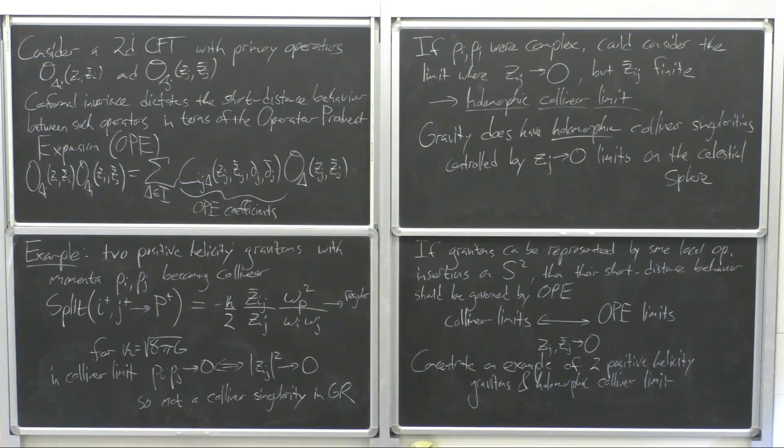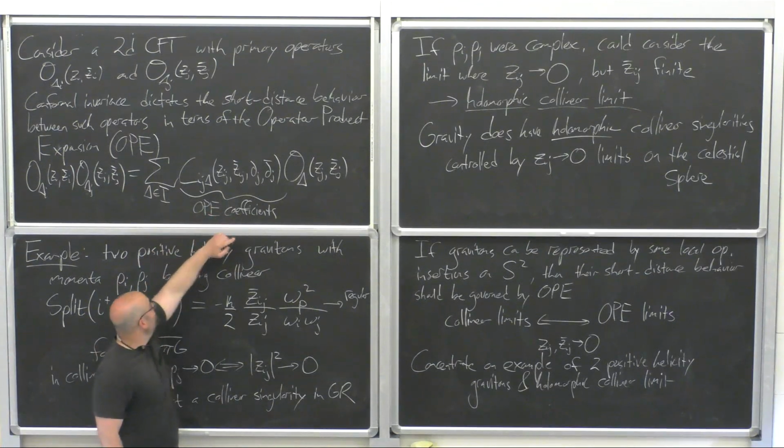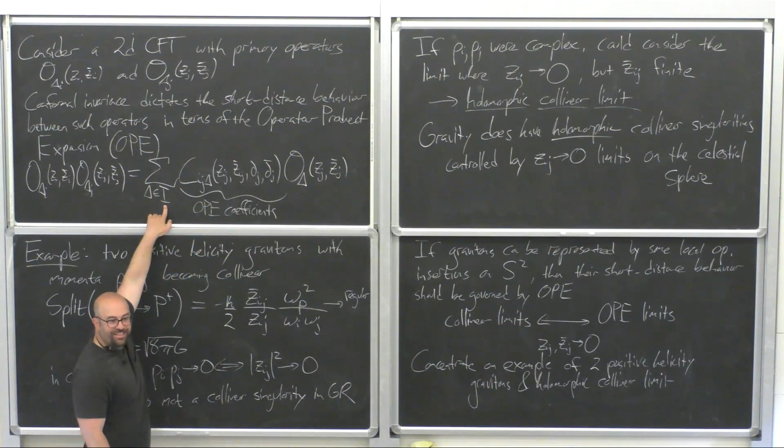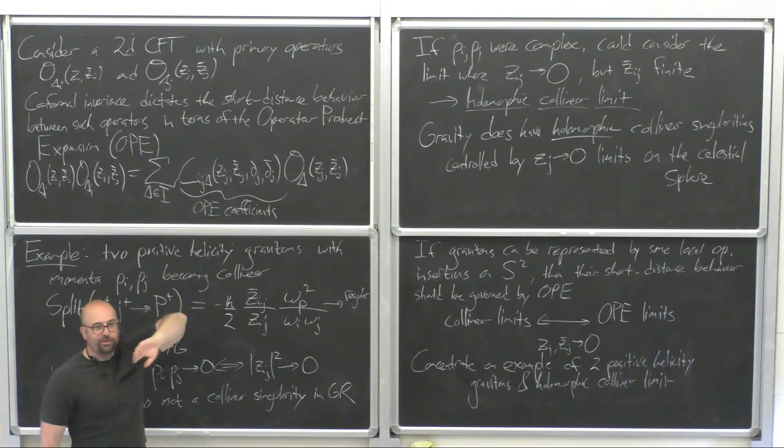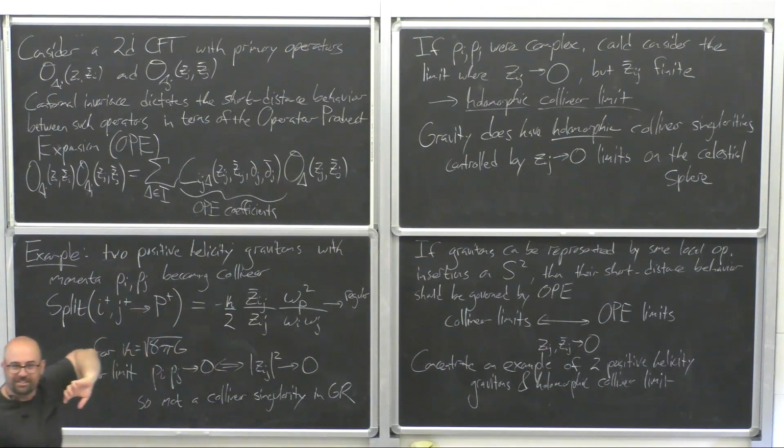In principle, that's the pipe dream here. I think it's fair to say that that's not been realized. I should emphasize, for those who aren't CFT practitioners, that we often say why we love CFTs is they're axiomatic in nature. If you know all of these OPE coefficients, and you know this set I of admissible operators and their dimensions, then actually you know every correlation function in the CFT.